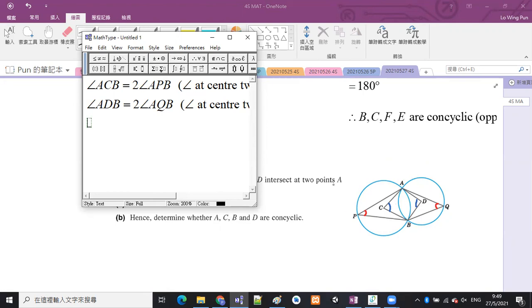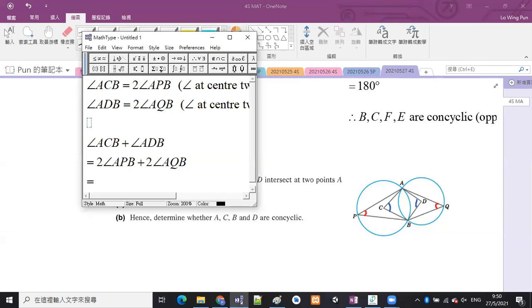And the question asks us to find the sum of angle ACB and angle ADB. So that is adding these two angles together. Okay? So angle ACB plus angle ADB. Using our preparation now, the first angle will be changed to 2 times angle APB. And then the second angle is changed to 2 times angle AQB. Okay? And you have got a common factor here.